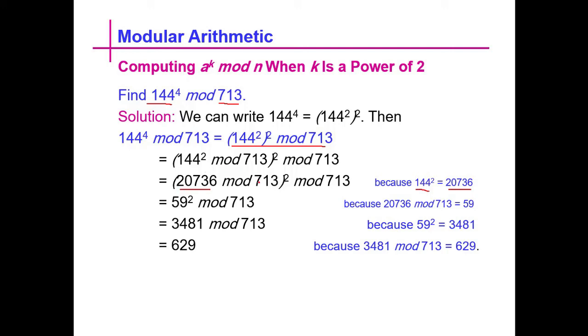And now we compute after dividing by 713. We see here the remainder is 59, so we are taking the square of 59, and 59 squared is 3481, and we can also divide easily by 713 and get a remainder of 629. So this power, which gives us a very huge number, but after applying the property we get the result easily.